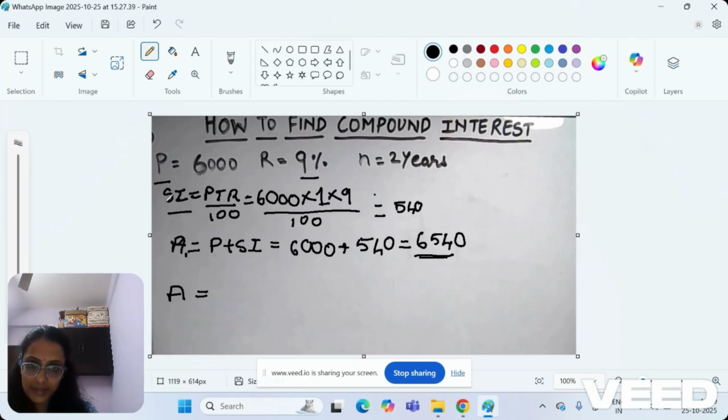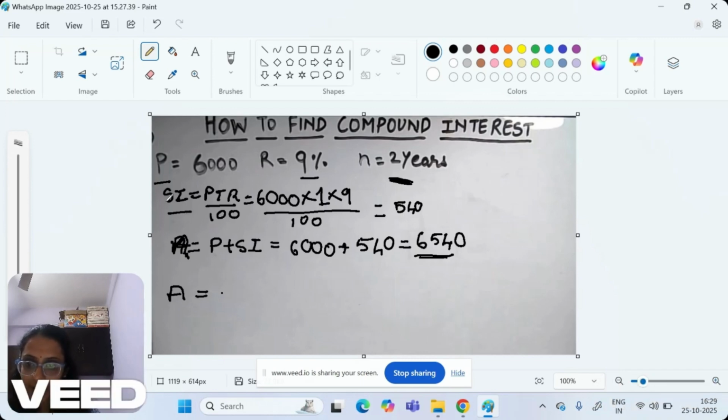Now we have to find the amount which the lender will get after 2 years, since it is compounded for 2 years. For that we use A1 as the new principal amount and again find the interest: PTR divided by 100.